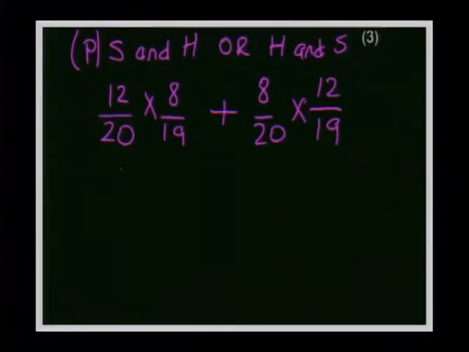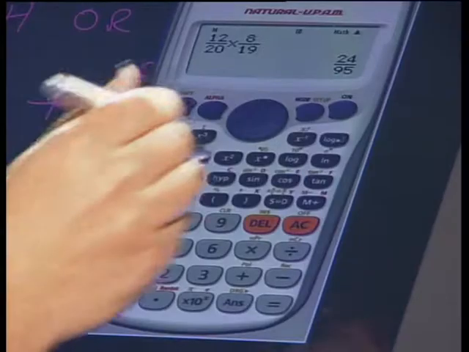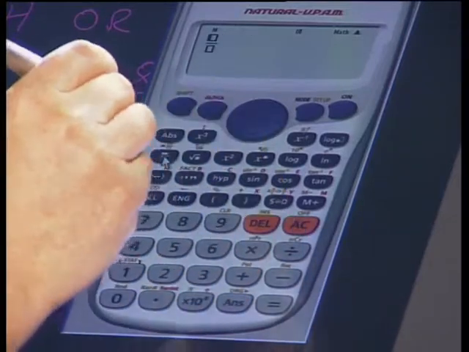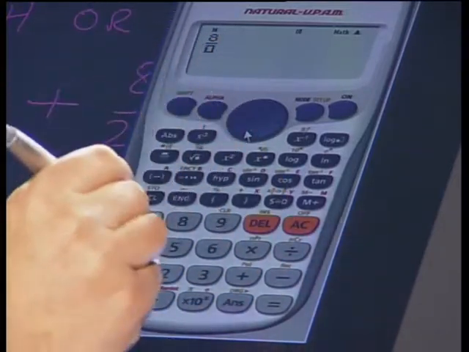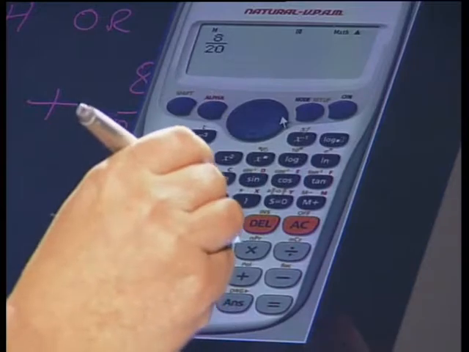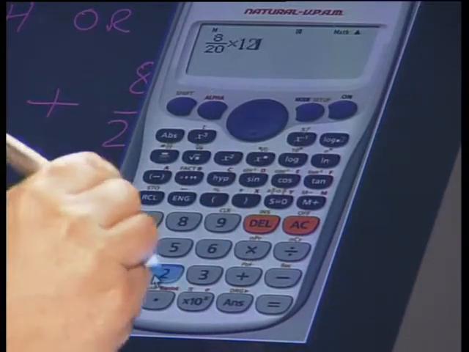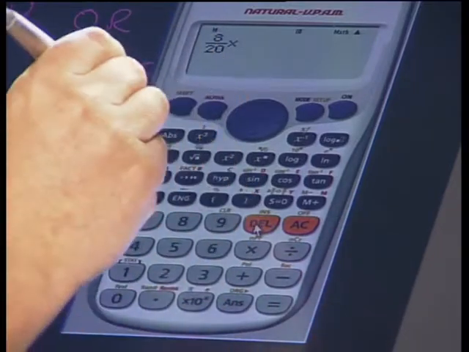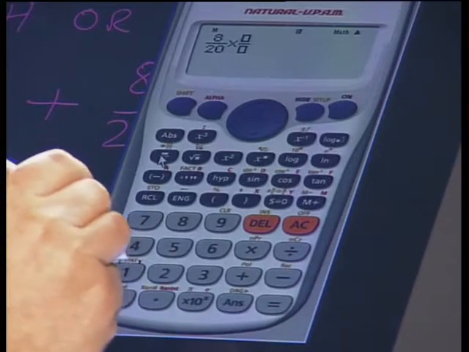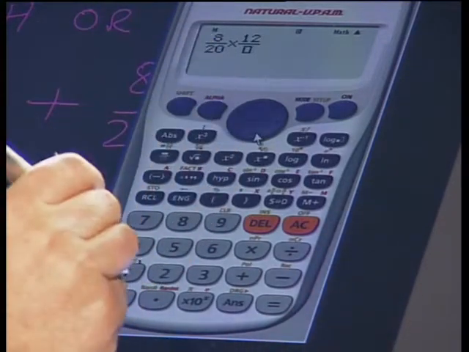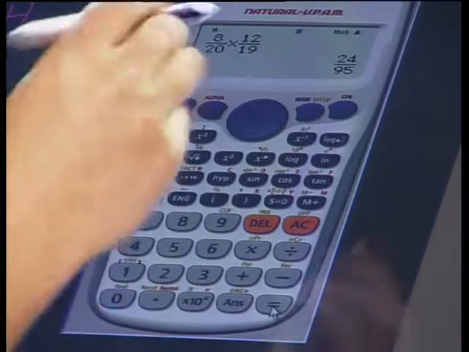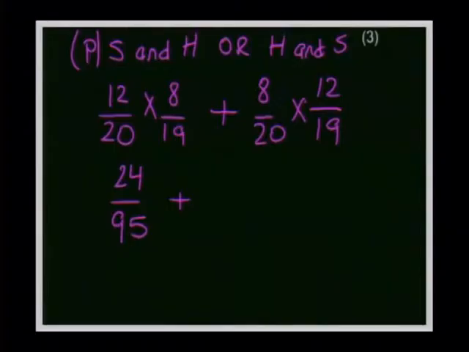So let's type that in, 24 out of 95. And let's do the other one and clear that. So I've got 8 out of 20 times 12 out of 19. Remember, checking what you're typing is always a good idea. And I get 24 out of 95.